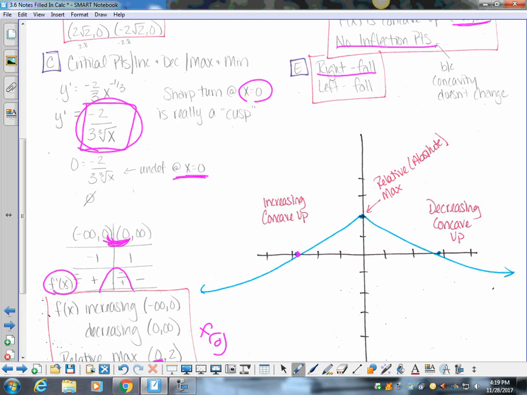I've got my intercepts on here from what I found in part B. I've got my increasing and then decreasing, and concave up and concave down. And there's my sharp turn. It is not just a relative max, it's also an absolute max because the function never gets higher than that.